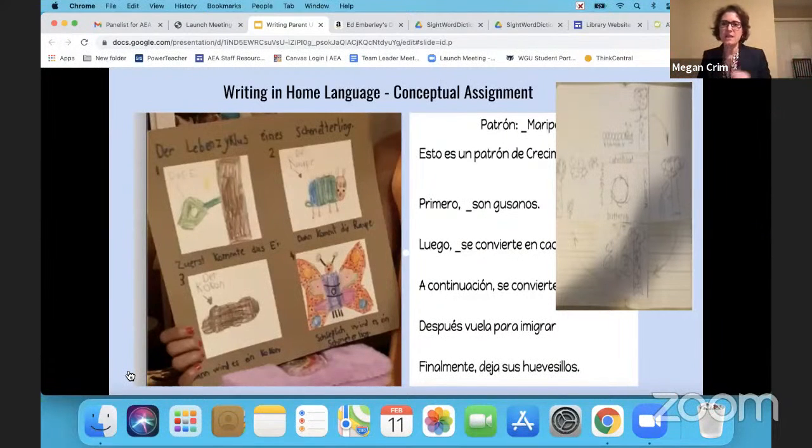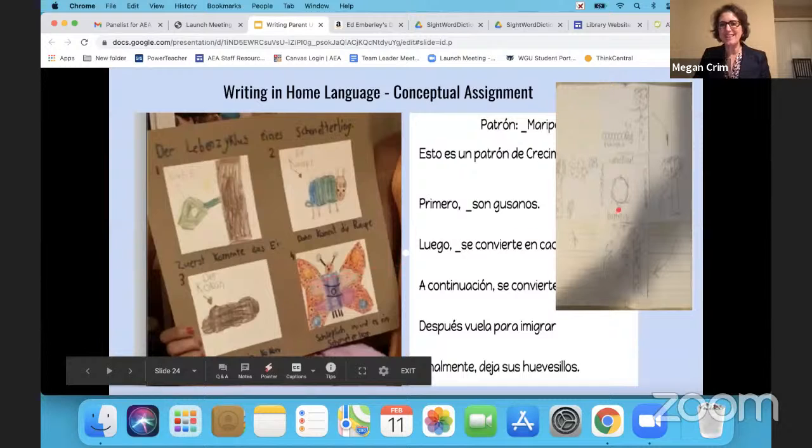So this is concept. So this is how-to writing. In our last unit of inquiry, the kids had to come up with a pattern, come up with a cycle, and explain the cycle with a first, next, then, and last.